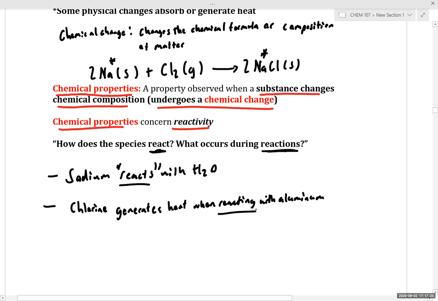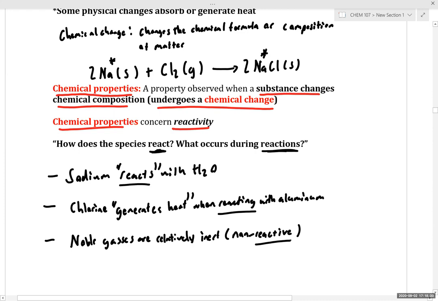Again, we see the react keyword, and this idea that it generates heat during the reaction is a chemical property. Another example would be noble gases are relatively inert, which means relatively non-reactive.